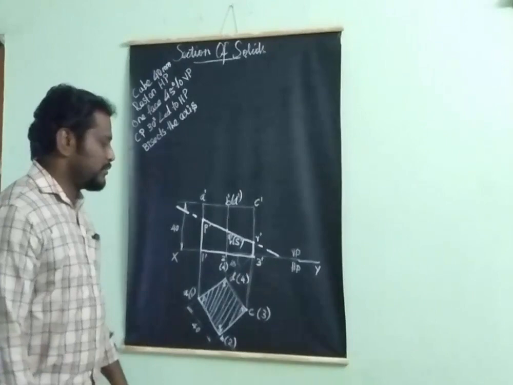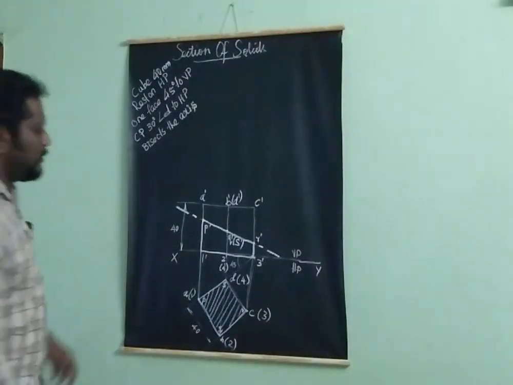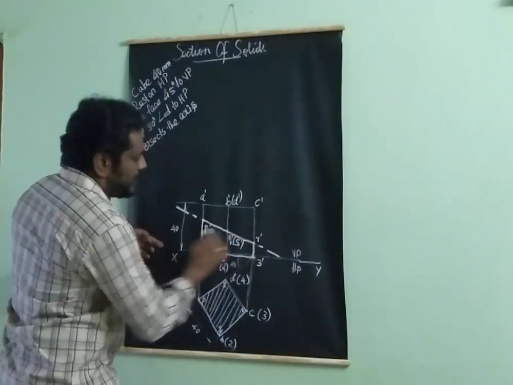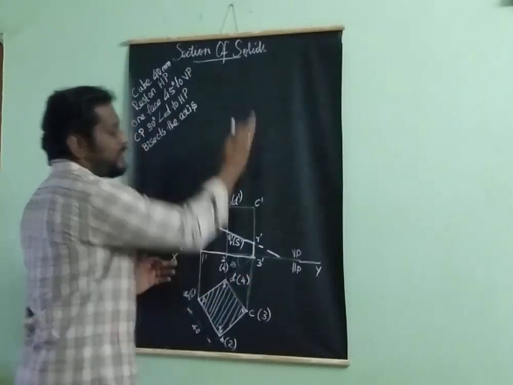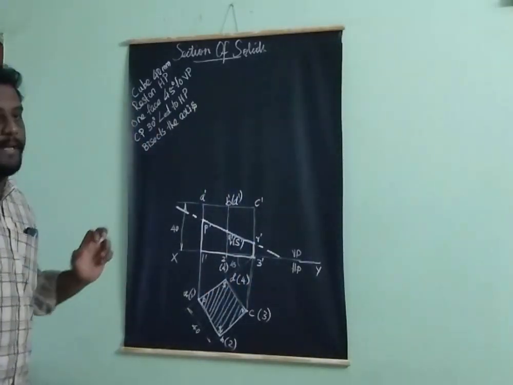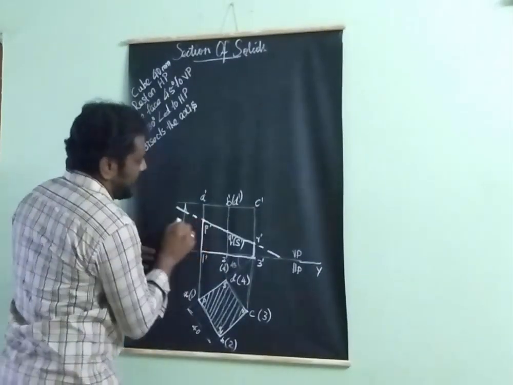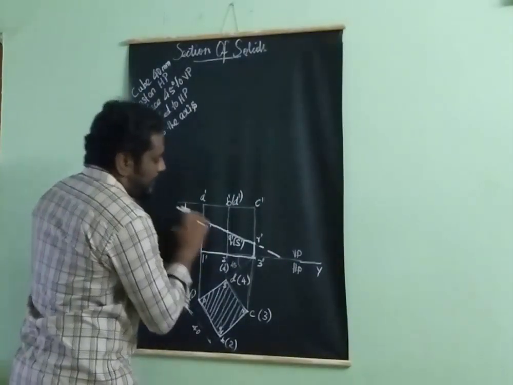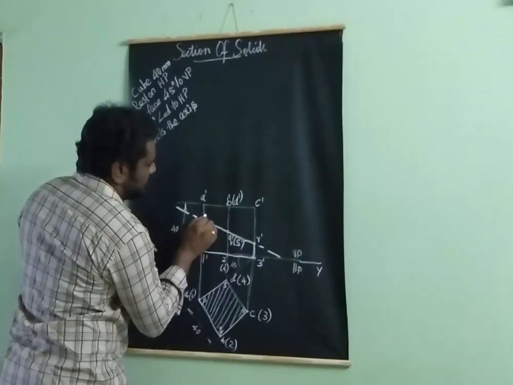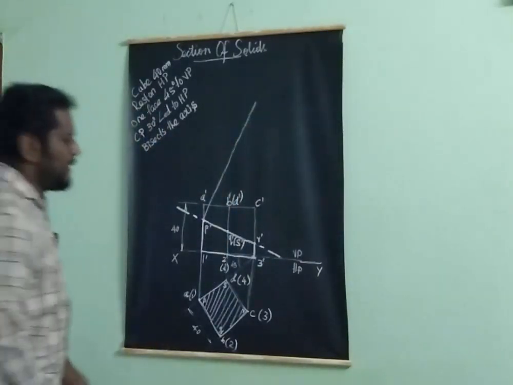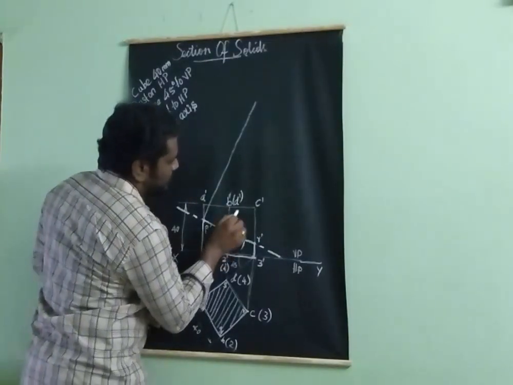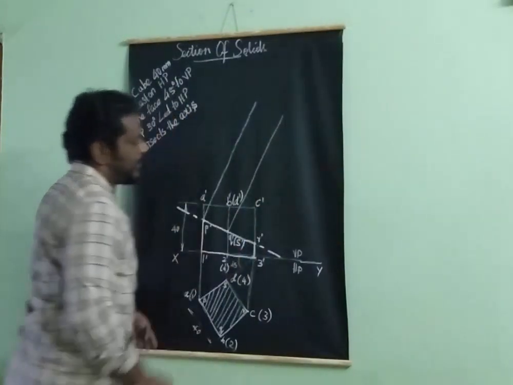So how to draw the true shape of the cut section? I already told you. From the cutting points, draw lines perpendicular to the cutting plane. So from the point P, draw a line perpendicular to the cutting plane, like this, extend this line. Similarly, from the point Q, draw a perpendicular line.